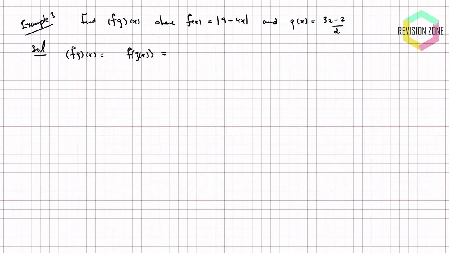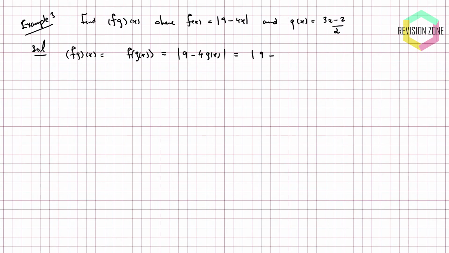I know from this definition here that if I apply it here, I'm just going to get 9 take away 4 times g of x, and then we want the modulus of the whole thing. So basically I've done nothing other than let g of x play the part that x plays in that definition there, okay?